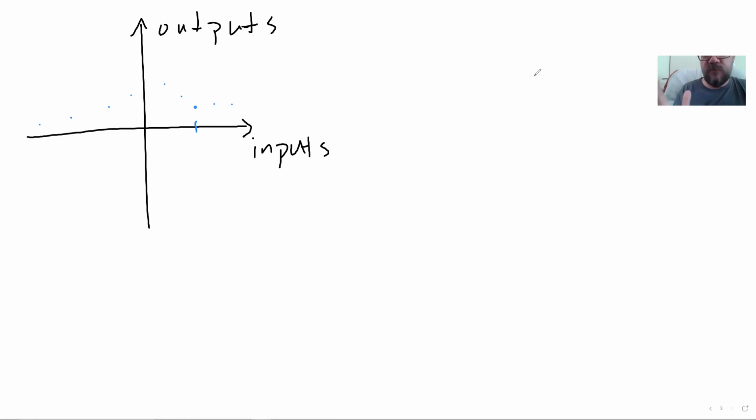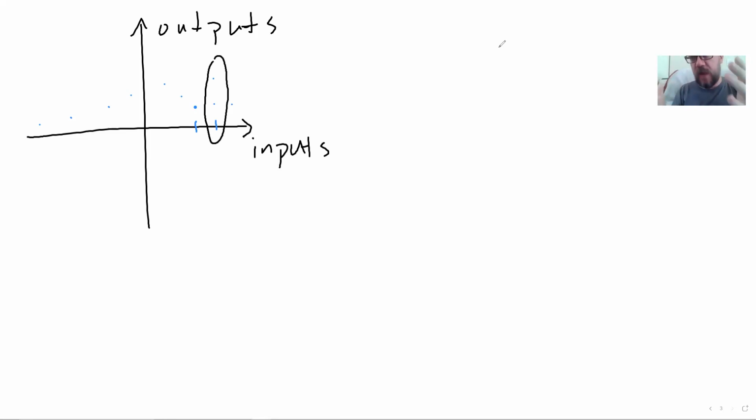This stops being a function when the same input gives me different outputs. This is a problem, right? This thing is not a function here, because I've got this one input that gives me two different outputs, and it stopped being consistent.